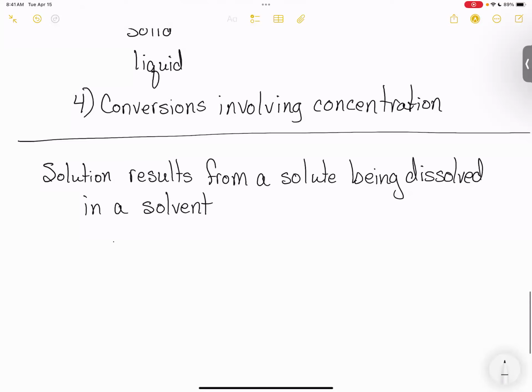In other words, the solution is equal to the solute plus the solvent.